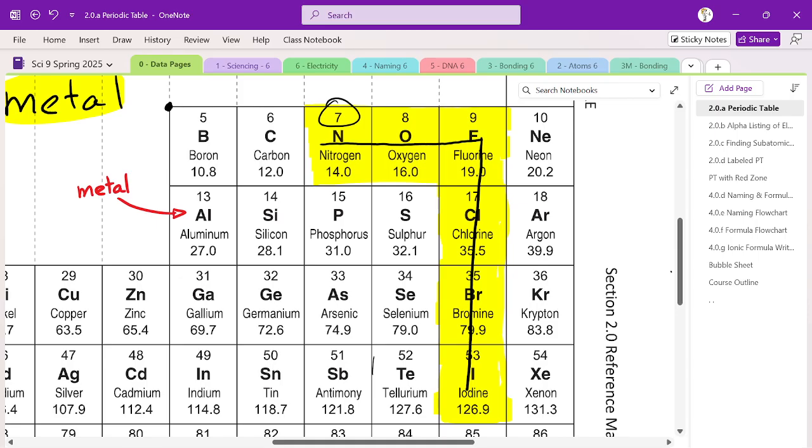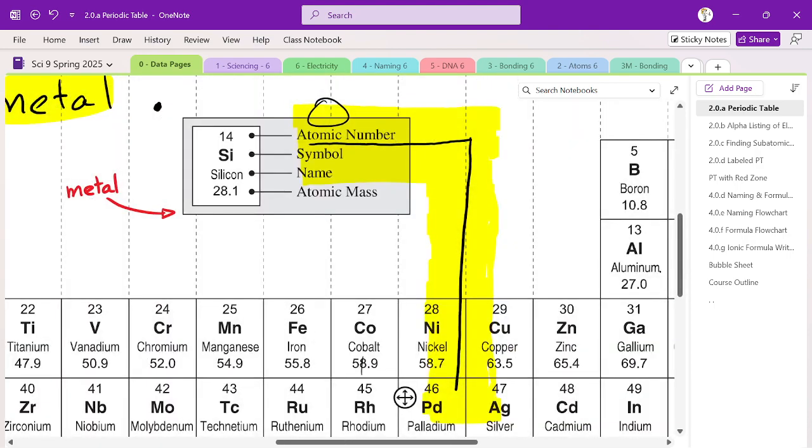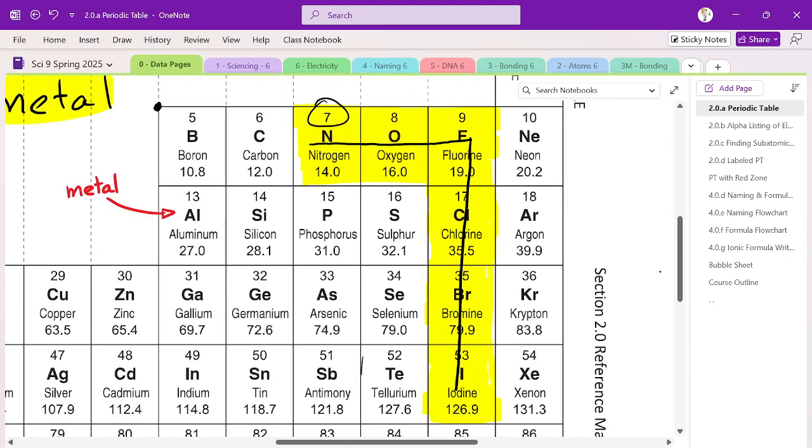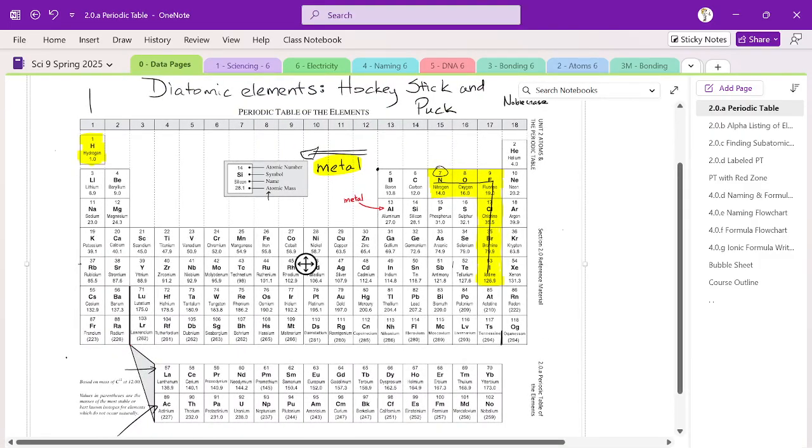See those yellow ones? Draw a 7. N, O, F, Cl, Br, I. That gives us 6. That's the hockey stick. What are we missing? We need the puck, which is hydrogen. Hydrogen is the puck.